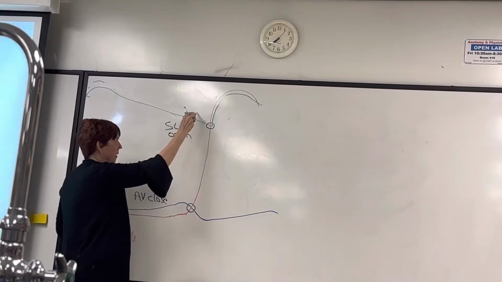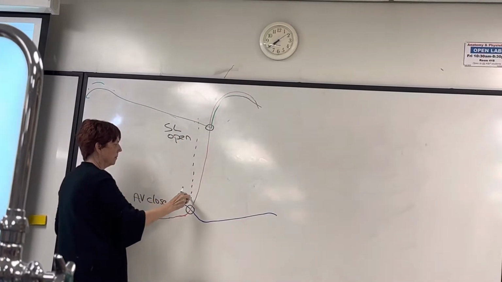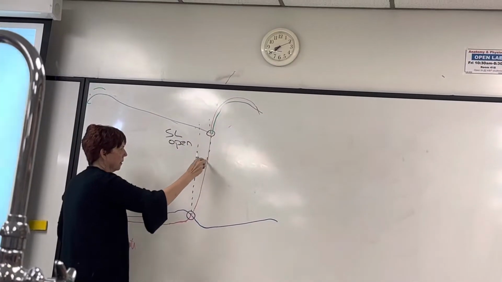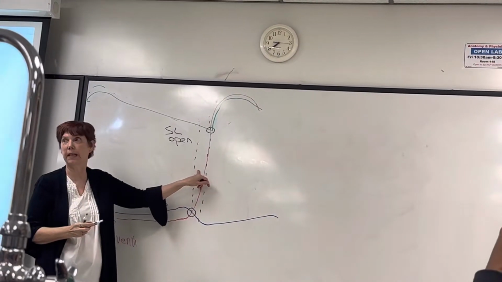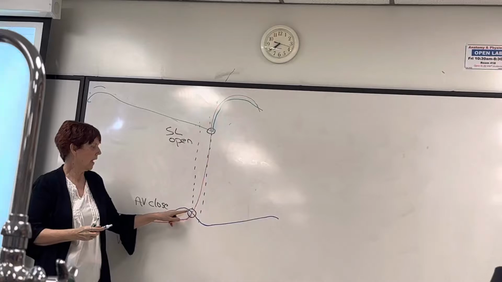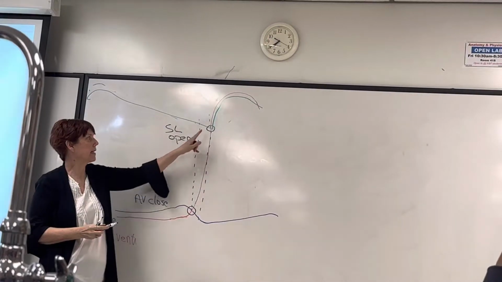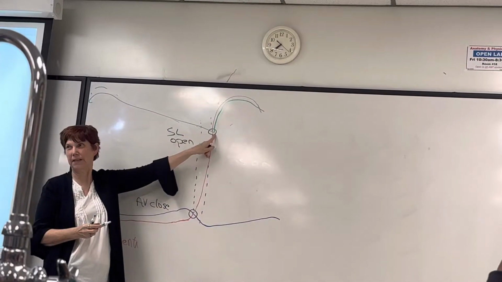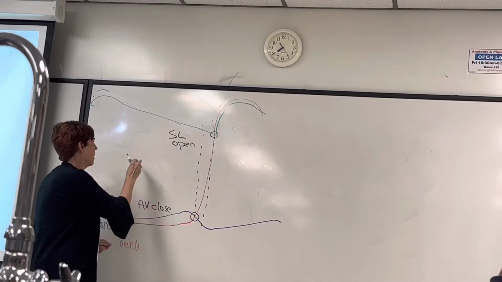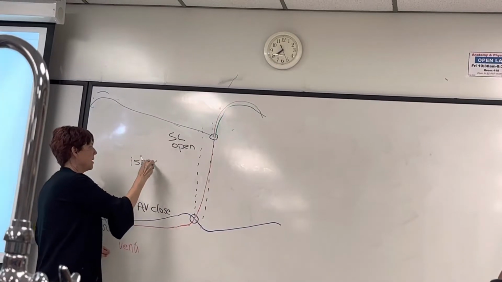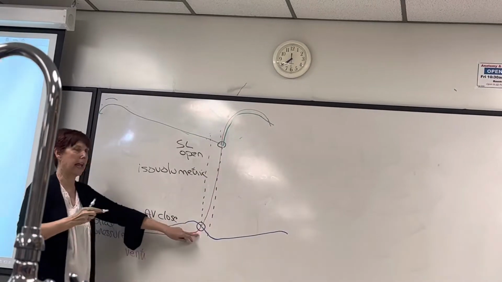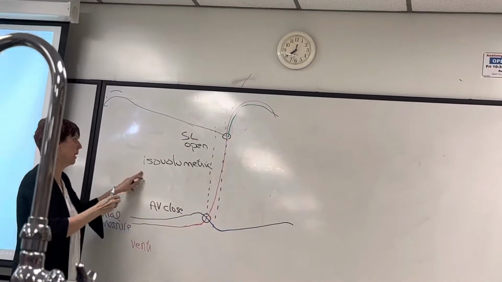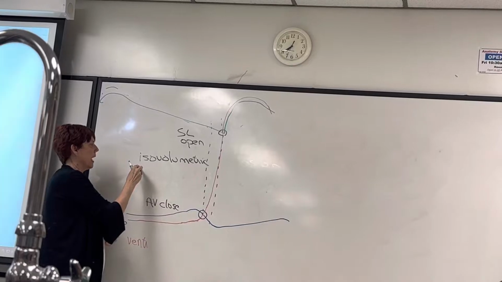For this narrow period of time, we have what we call isovolumetric contraction. AV valves have closed, semilunar valves haven't yet opened. It's isovolumetric because the blood is not going anywhere. There's no blood coming in because the AV valves have closed, and there's no blood leaving because the semilunar valves haven't opened.